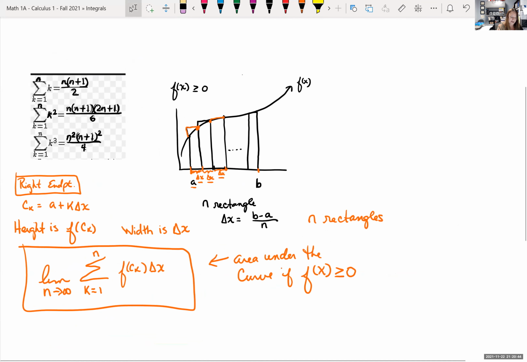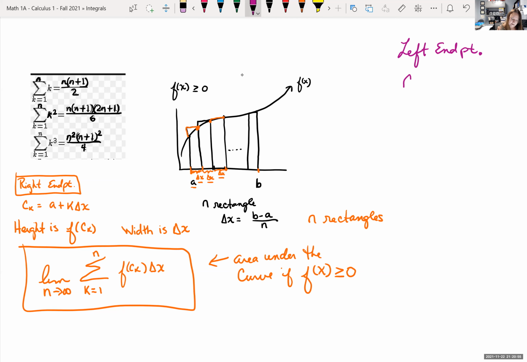For the left endpoint, C sub k is equal to a plus k minus 1 times delta x.